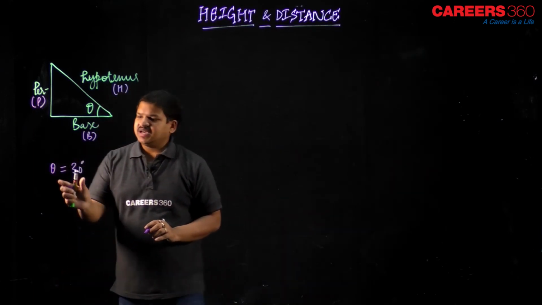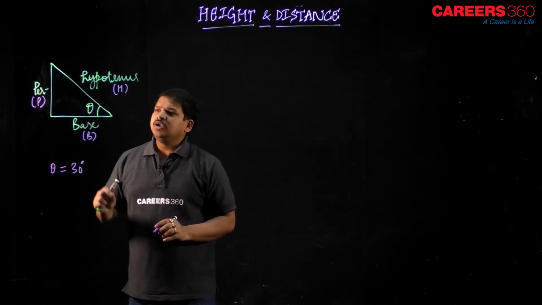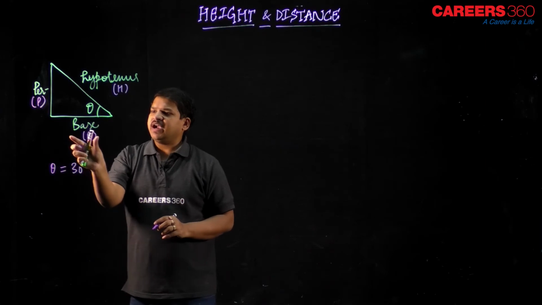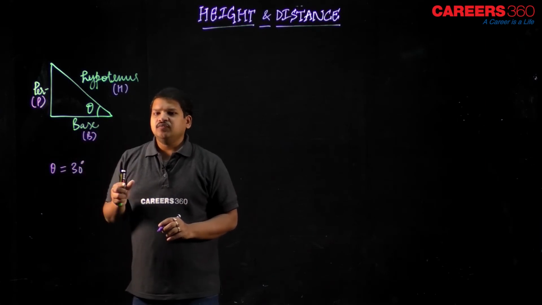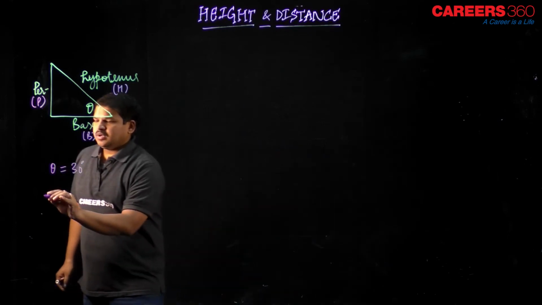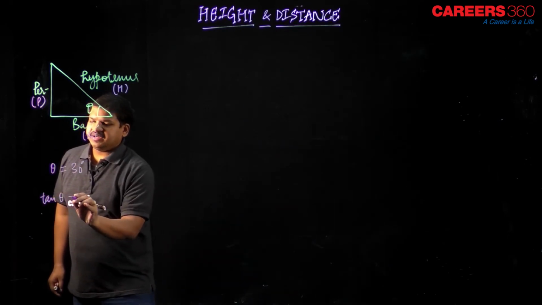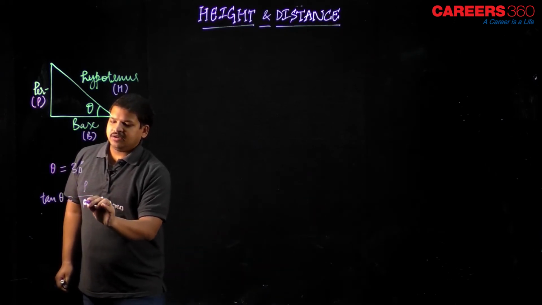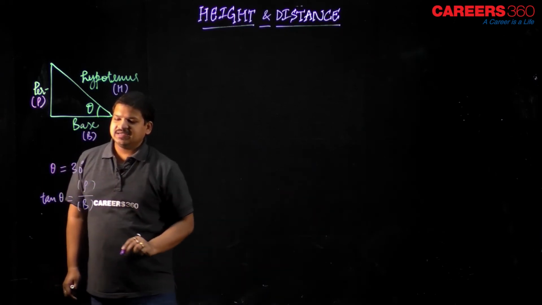If this theta is 30 degrees, and let's say one of the perpendicular and base is given, then all you have to do is apply your tan theta, and tan theta will always relate perpendicular upon base, right?